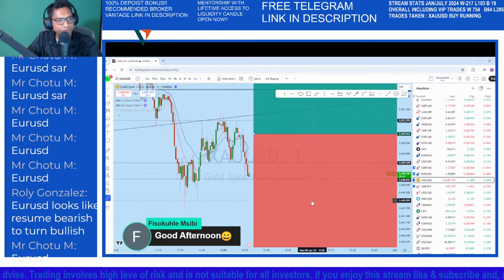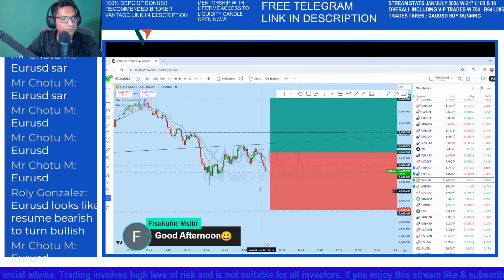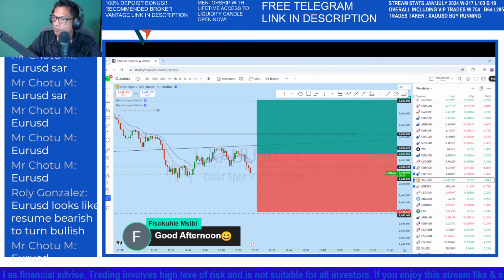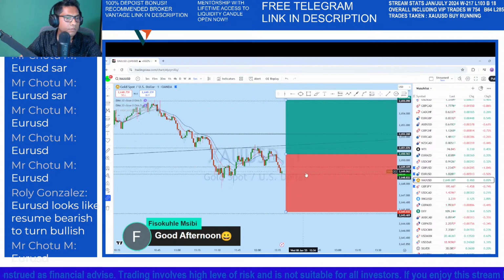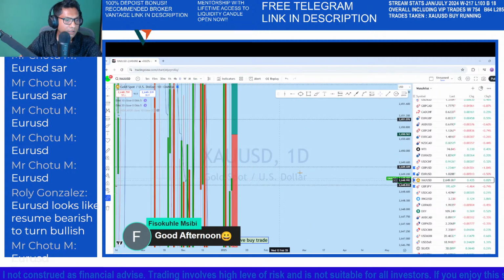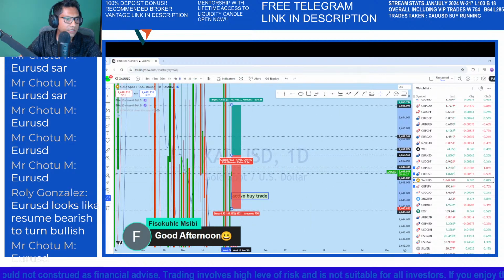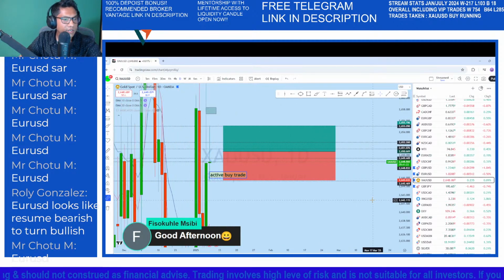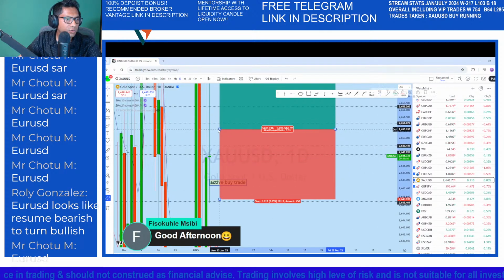Okay. Again has dropped to the daily support, right? So this is the daily support. Now from the daily support, which way is it gonna bounce back up? It's an important point to look at.